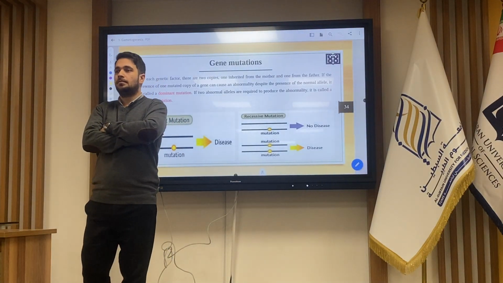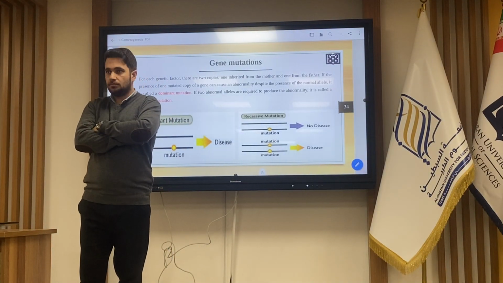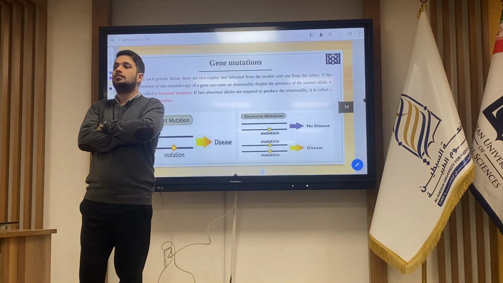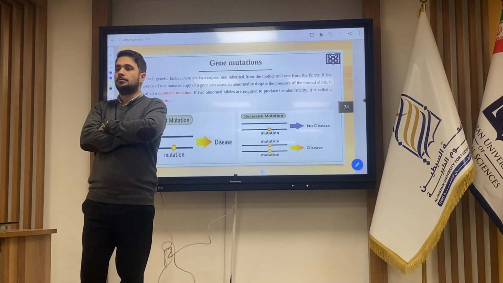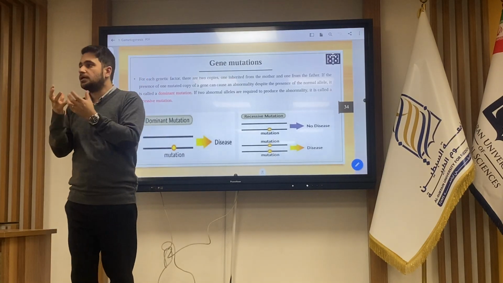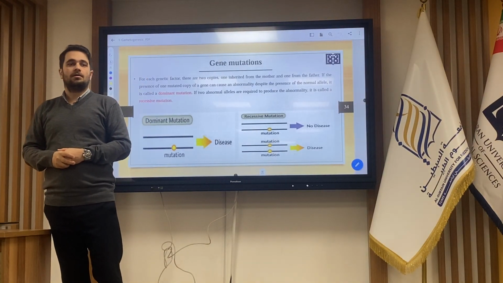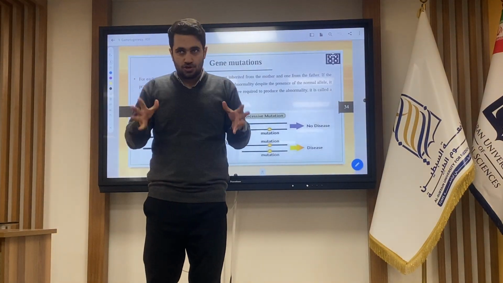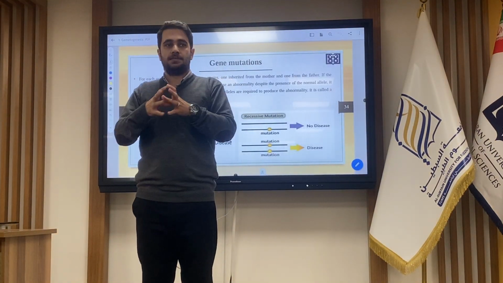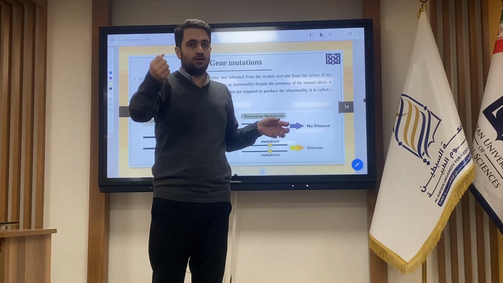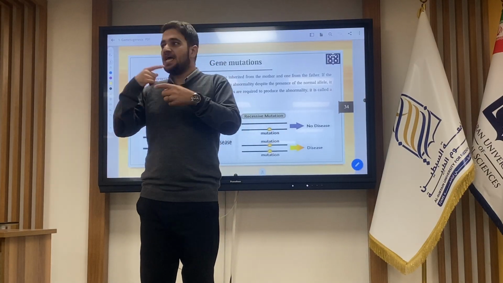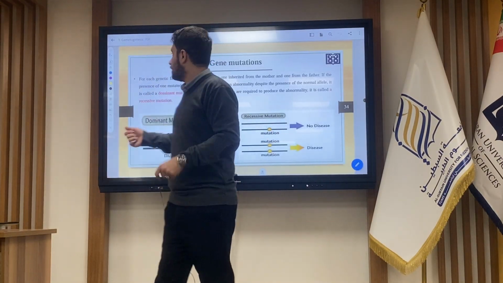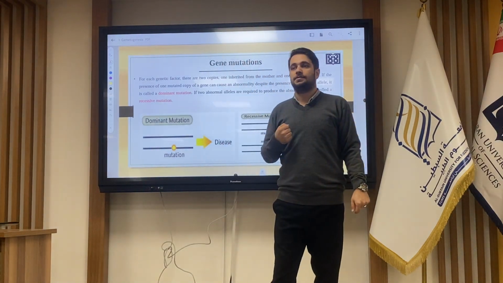There are a lot of types of mutation, for example, changing the number of chromosomes, genes, the locations, and this stuff. Changing in the gene, nucleotides, because the gene is a part of the DNA and it contains the nucleotides. So changing in the gene, we call it mutations.